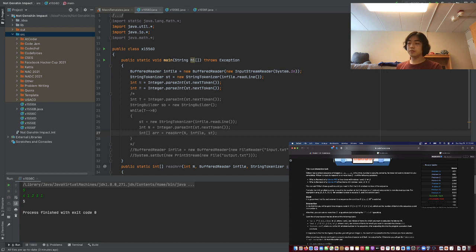We want to find the kth smallest number in the sequence. Okay, if two numbers have a bitwise and equal to each other, and they have a bitwise or also equal to each other, that means that these set of bits are not set, while these set of bits are set.